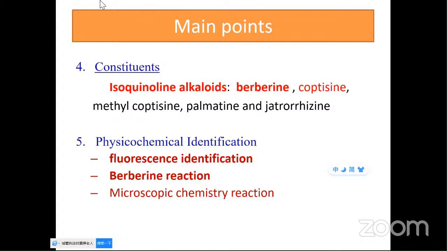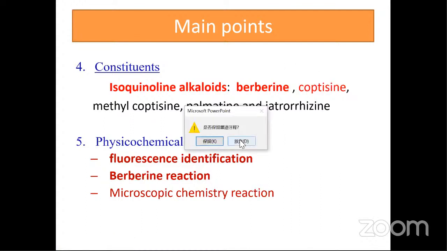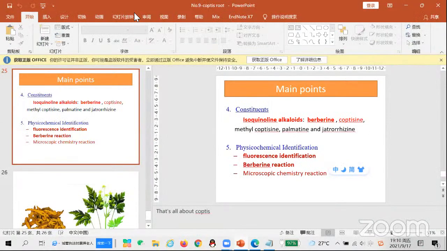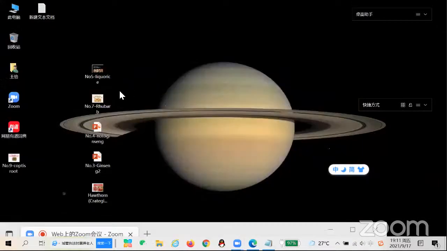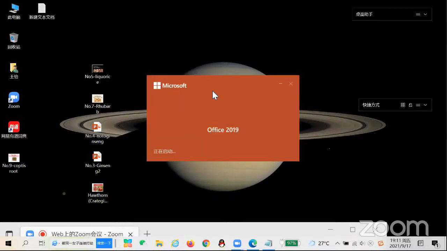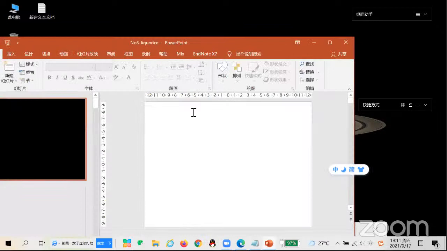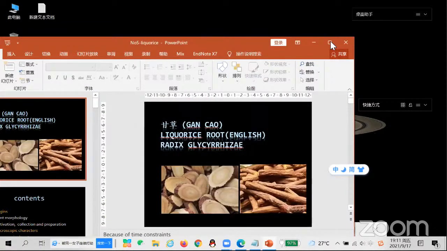And there are some other traditional Chinese medicines we haven't introduced, like ginseng, licorice, rhubarb.